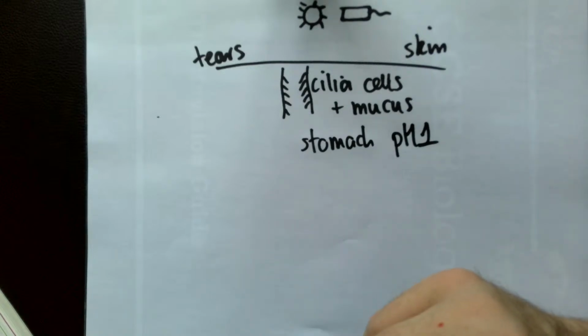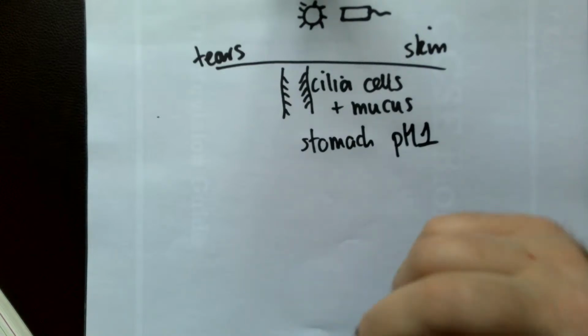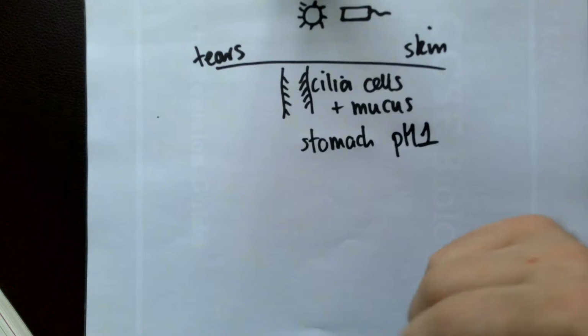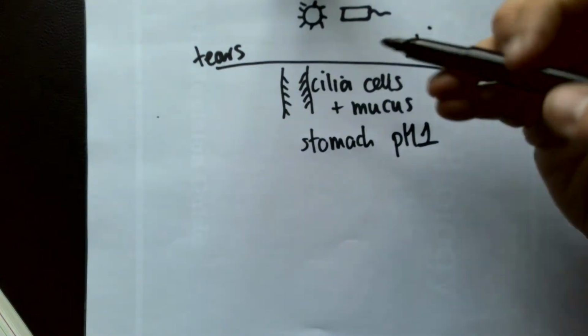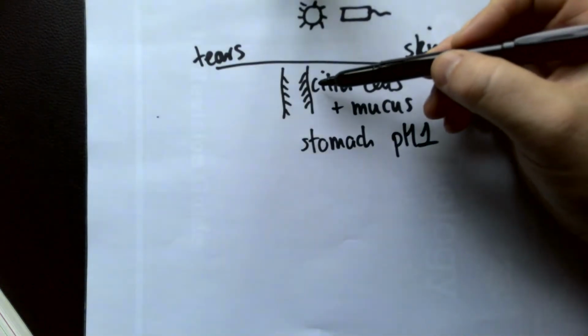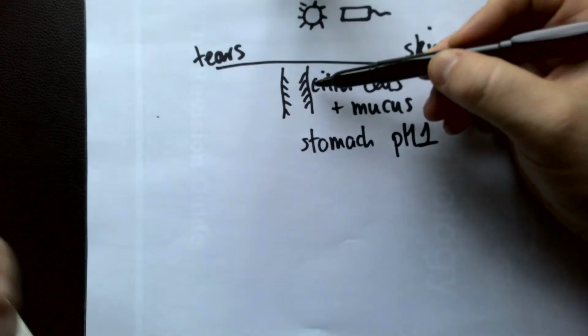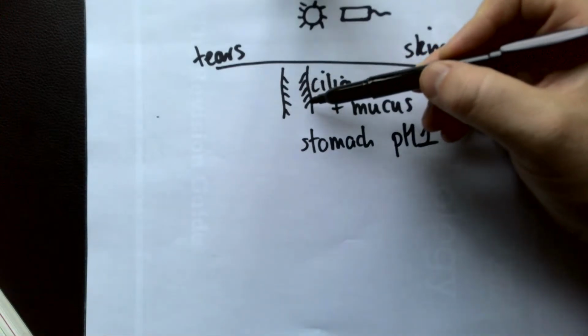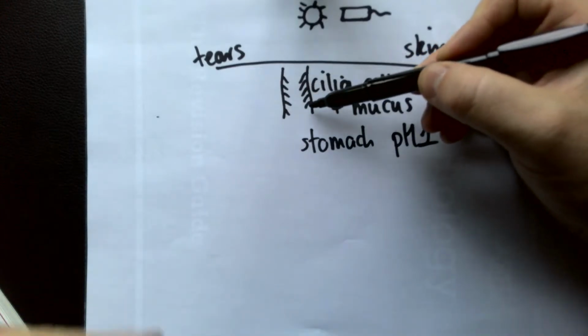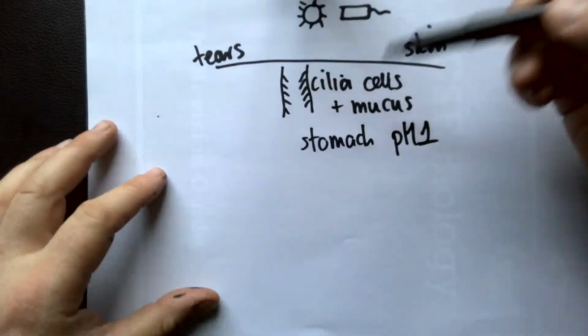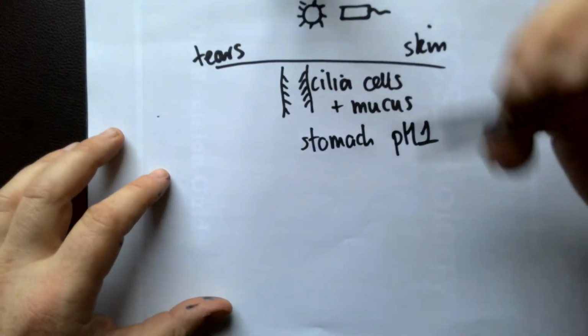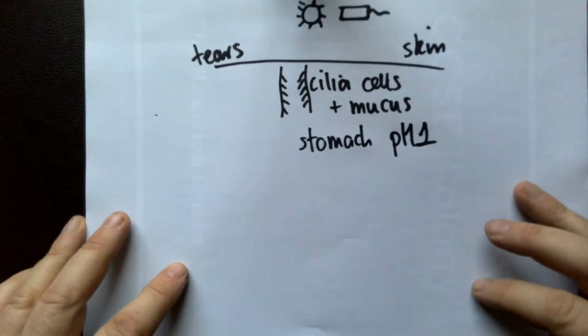I can't say all; it's 99.9% effective. So our mucus in our nose and throat catches it, the cilia hairs lining our throat and nose sweep the mucus up, we swallow it into the stomach, and then that will kill the pathogens.